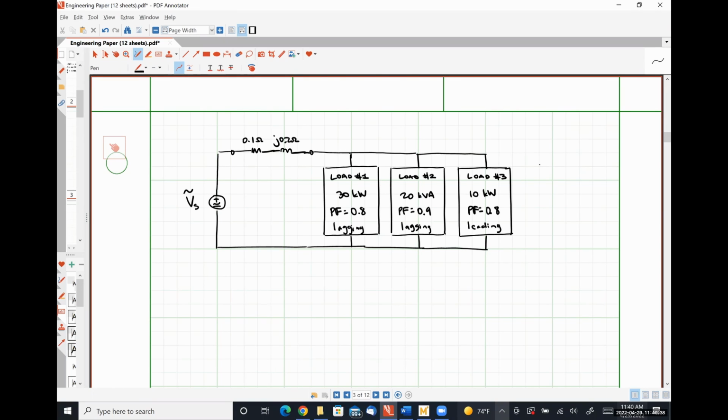And we are able to measure the voltage drop across our composite load, which I'm going to call VL, and find that it is 480 angle 0 degrees volts.